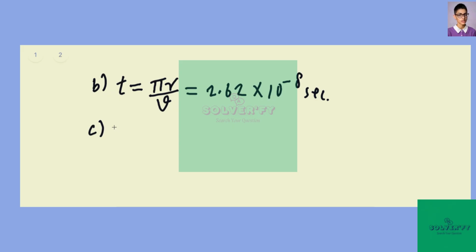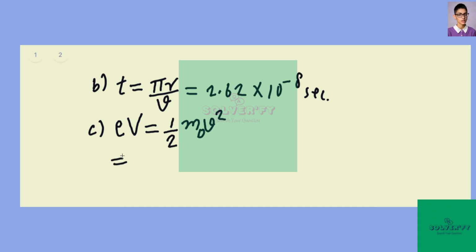To do that, we apply a potential difference, which creates the energy eV, and all the potential energy is going to be converted into kinetic energy. So the potential energy created by the electric field has to be equal to the kinetic energy.